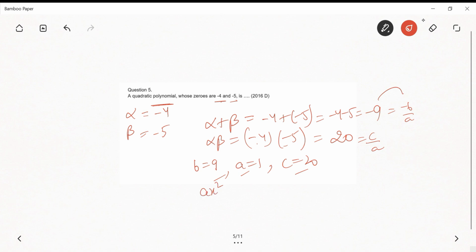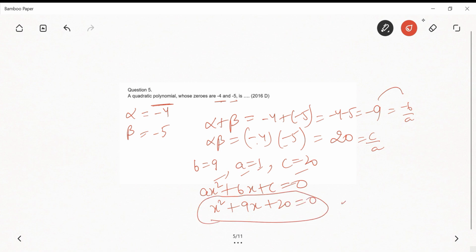So ax square plus bx plus c should be equal to 0. So a is 1, so as it is x square, plus b is 9, so 9x, c is 20, so here we will write 20. So this is our quadratic polynomial, having zeros minus 4 and minus 5. Now let's move to the next question.